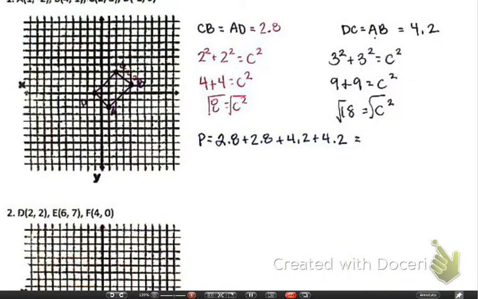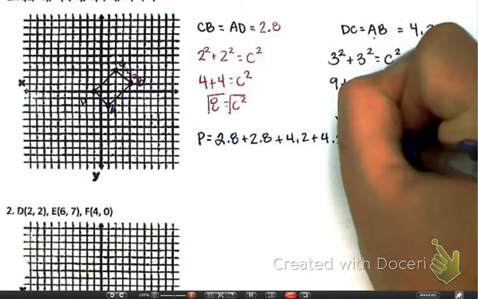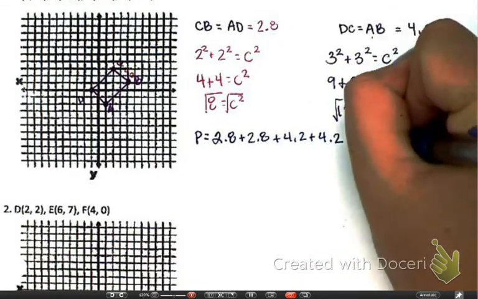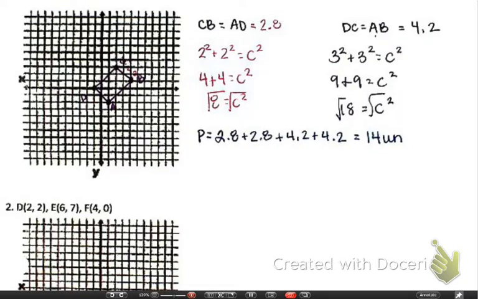What do you get for the perimeter of that figure? Darian says 14. We agree with that? Okay. So the perimeter is 14, and we don't have units, so we're going to write in units for perimeter.